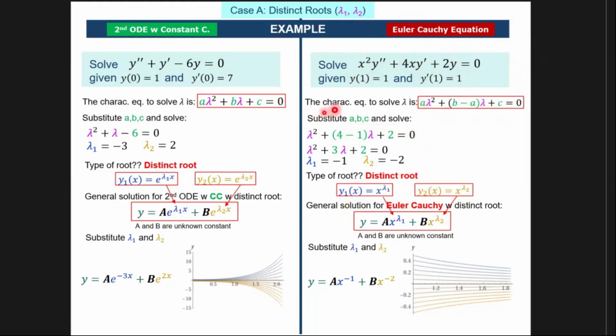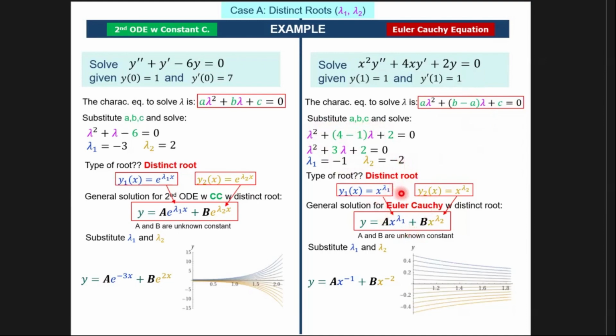For this case, the characteristic equation is this equation. The difference here is that for constant coefficient, the value in front of lambda is b. For Euler-Cauchy equation, the value here is b minus a. So substitute all the A, B, C values and solve using a calculator.